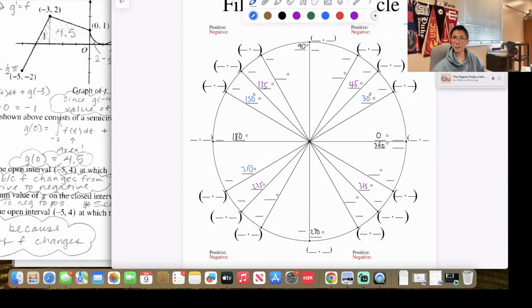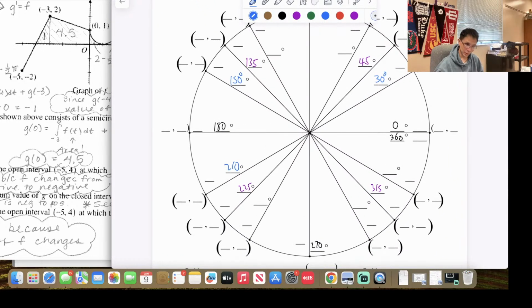Do you guys see why it's 210? Because it's just 180 plus the 30 reference angle. So can you tell me the last one here, Samuel? Don't tell him. Let him figure it out on his own. The one right here. 330. You are a genius. So 330. Good. So we finished all the ones with the same reference angle.